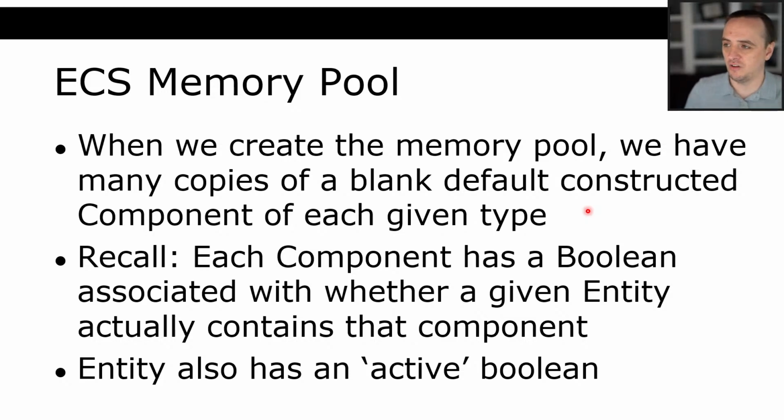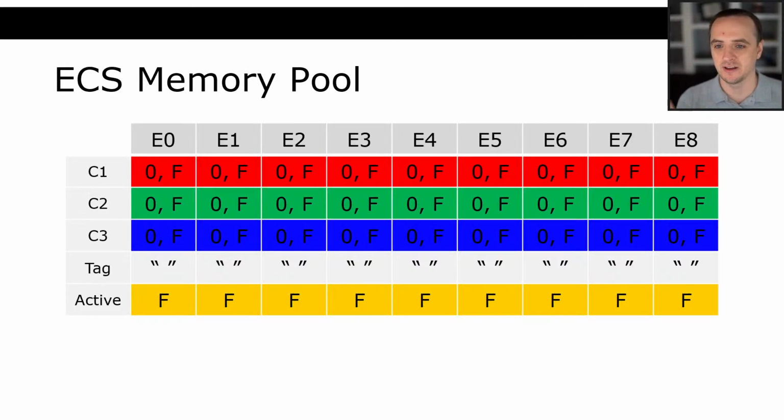And entities also have an active Boolean. So let's look at what our memory pool would look like at the start, okay? So we've got vectors of components. Each of those components are going to have their default values constructed, and they also have a Boolean value which says whether or not, like true or false, whether or not the entity actually contains this component.